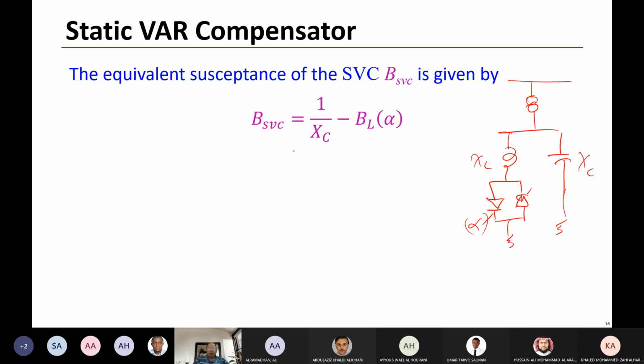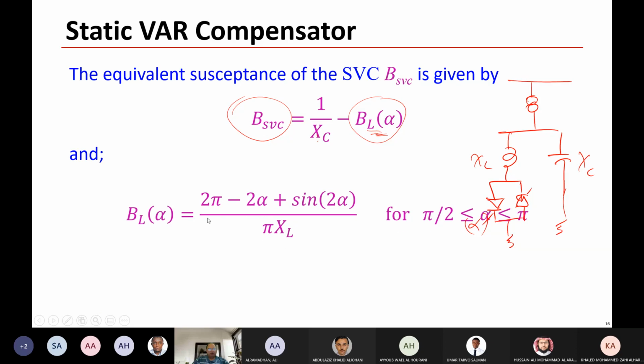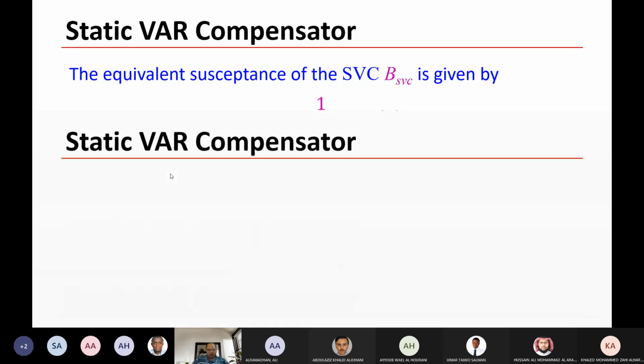So you can write the susceptance B equal to 1 over XC, plus or minus the susceptance of the inductor, 1 over XL. And BL is 1 over XL, but this is a function of alpha, BL of alpha equal to this. At any firing angle, you can have the effective value of the inductance here.